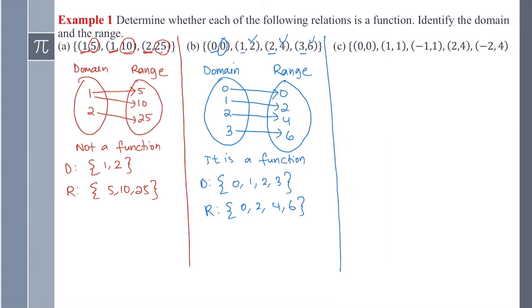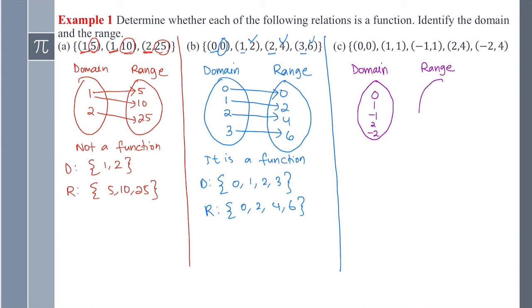Now let's look at the next one. Again, let's draw that mapping. In the domain we have 0, 1, -1, 2, and -2.